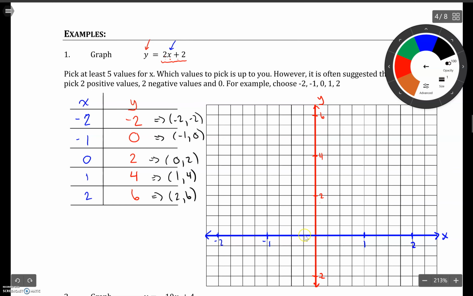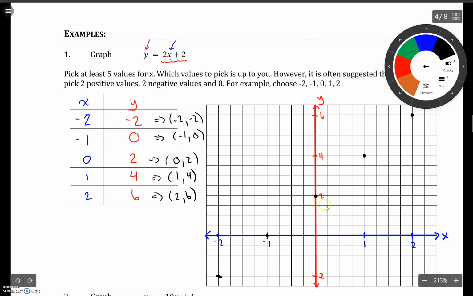I've also chosen to label only every fourth tick mark to really make the best use of the space. And now I can label my points. So I've got the points -2, -2; -1, 0; 0, 2; 1, 4; and 2, 6.